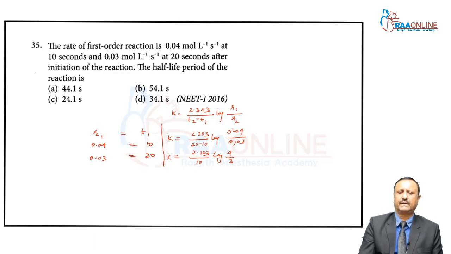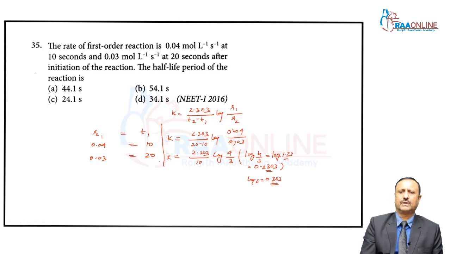Here log 4 by 3, you can also get it as log 1.33. Log 1.33, that is equal to, my dear students, 0.2303? This is the value of log 1.33. Because my dear students, log 2 is equal to 0.303, so the value is lower than 0.3.